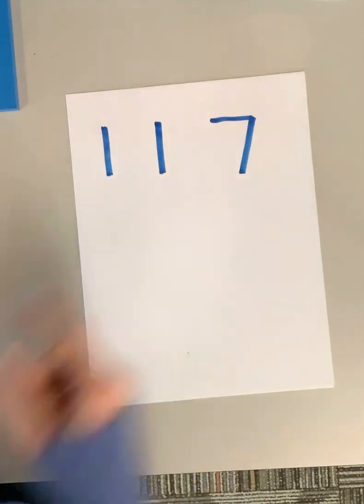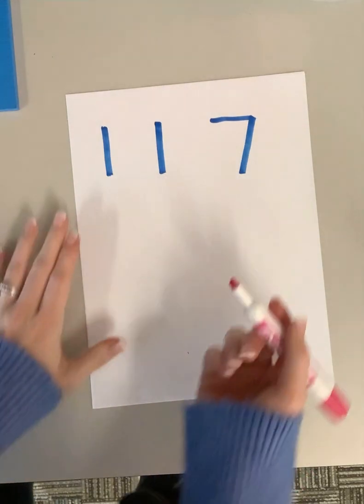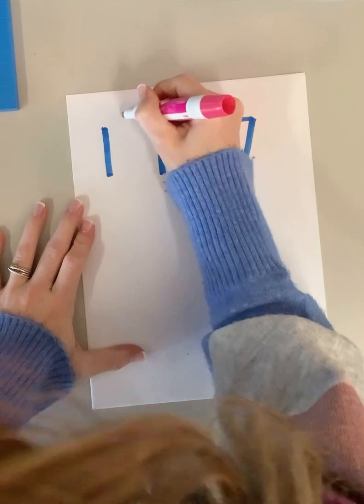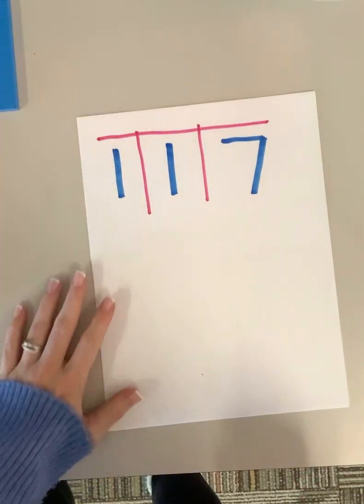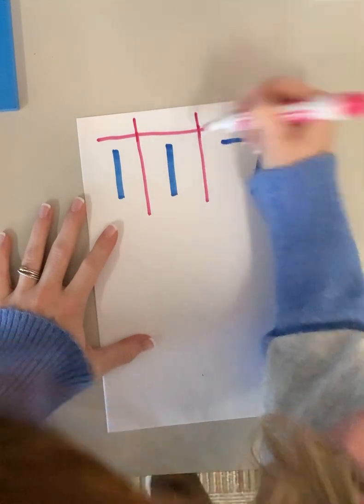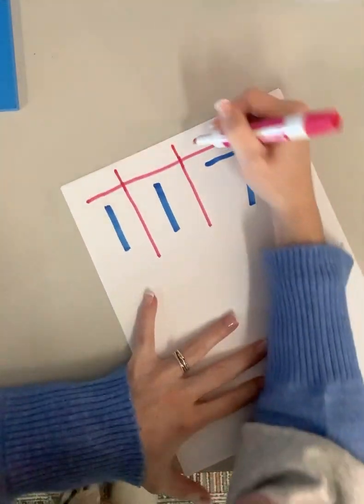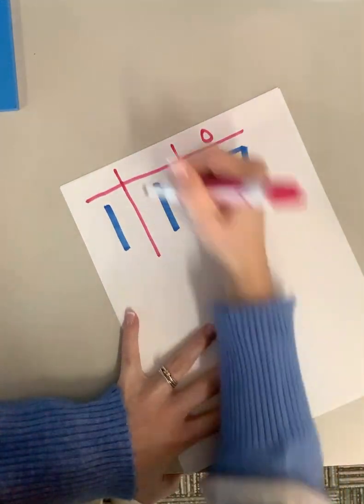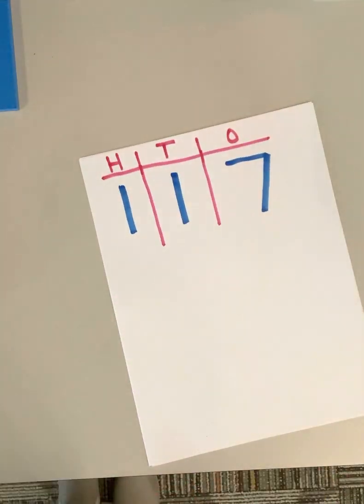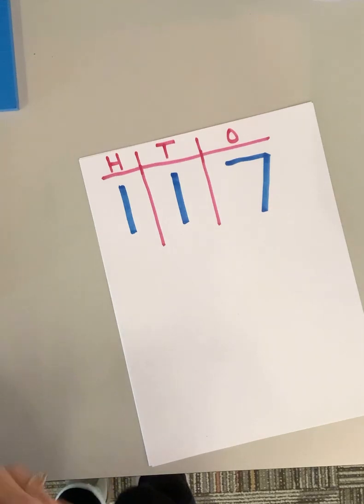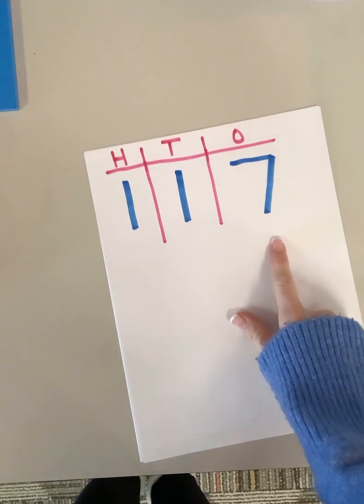I can see that there are 3 digits, but to make it easier, I'm going to break my number up so that I can see the place values a little bit easier. And I'm going to label them. I know that this is my ones, this is my tens, and this is my hundreds. Now, when we're using our base 10 blocks, I always start with the smallest number.